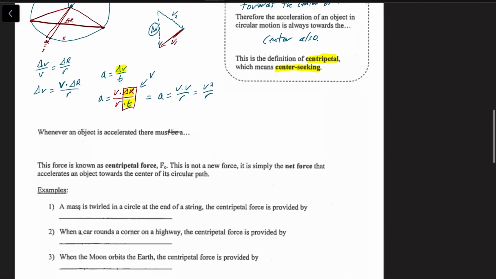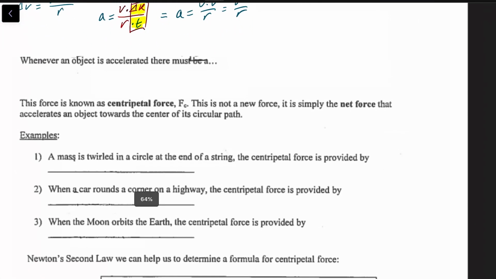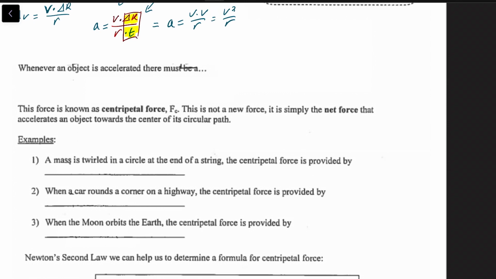So continuing on here, whenever there's an acceleration, there's a net force, right? Newton's second law: net force is equal to mass times acceleration.